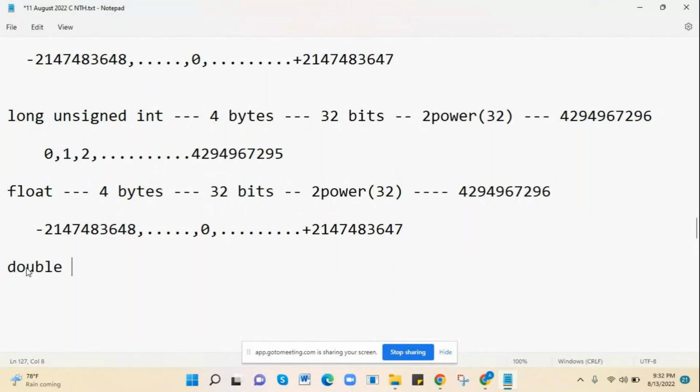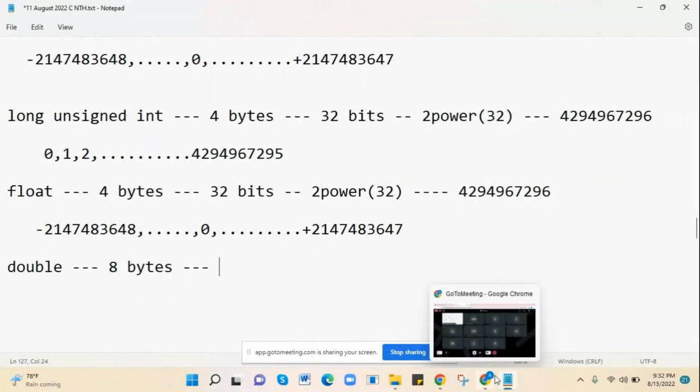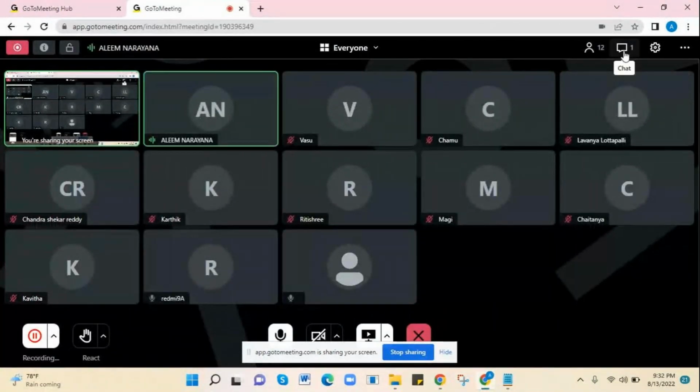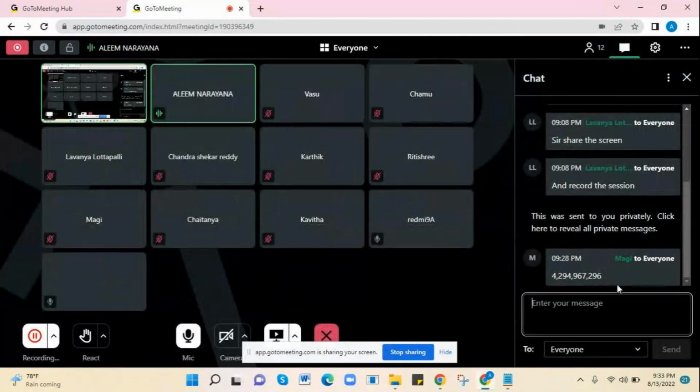Next one is double. It is 8 bytes. 8 bytes means 2 power 8. Very good, Maggie. 4 billion, like that.